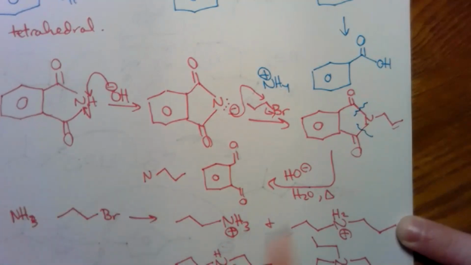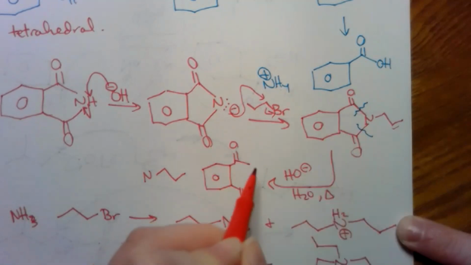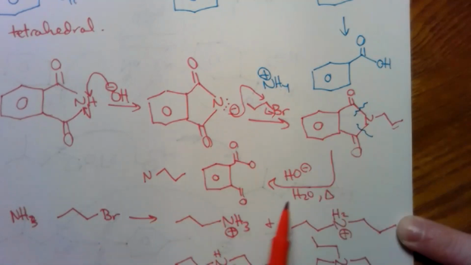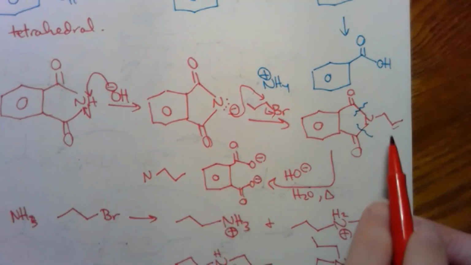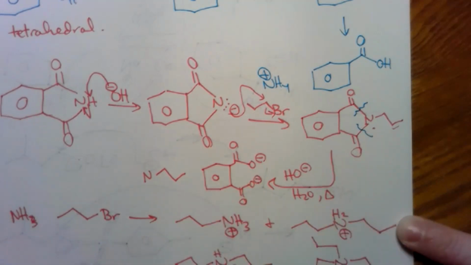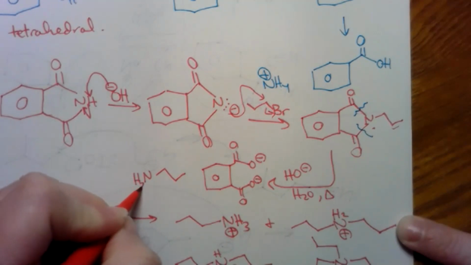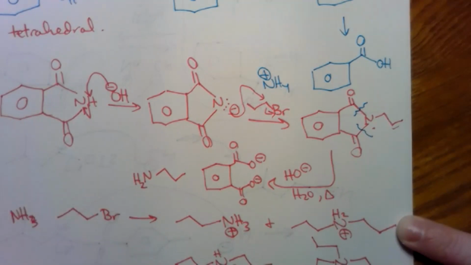Chop those 2 bonds. The carbonyl side becomes a carboxylic acid, except we're hydrolyzing in base, so it becomes a carboxylate. The nitrogen gets protonated to become neutral, not positive, not ammonium. It's an amine because we're hydrolyzing in base.